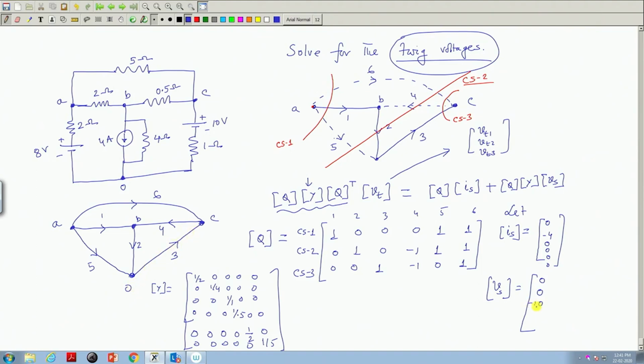So, minus 10 volt, and then V3, V4. V4 is nothing. V5 is plus 8. See, this plus minus you must understand and have practice 1, 2, 3, 4, 5, and in branch 6 there is nothing. Therefore, once you know this, you will be able to calculate.